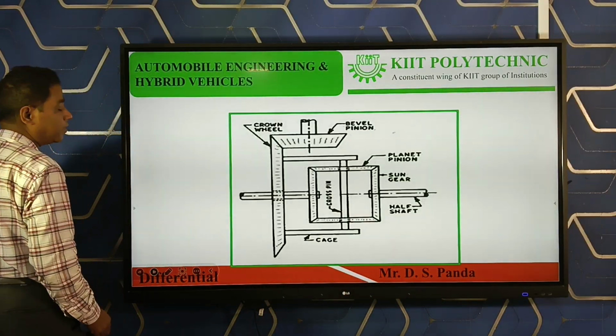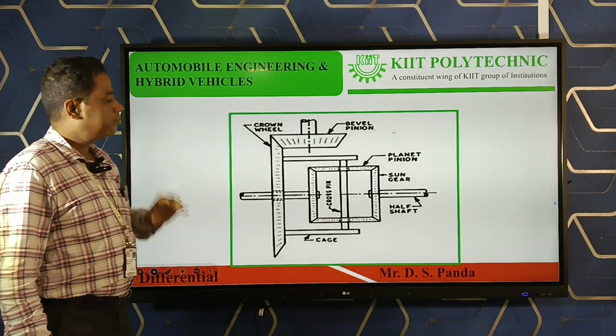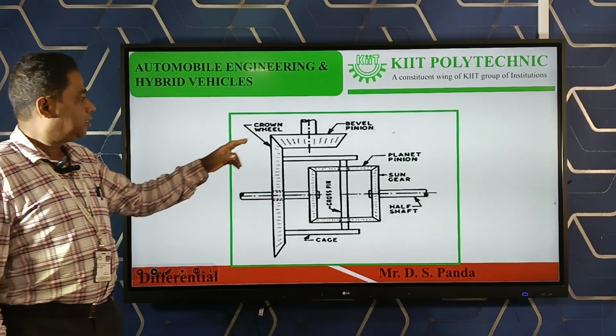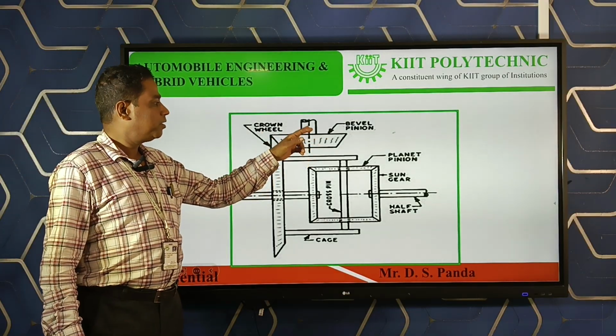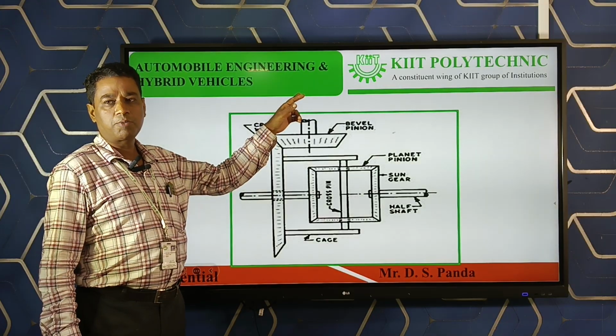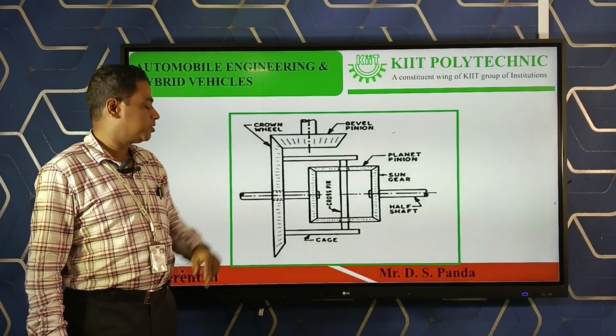This is the schematic diagram of the differential. This one is the bevel pinion, and it is connected to the universal joint or propeller shaft of the transmission system.